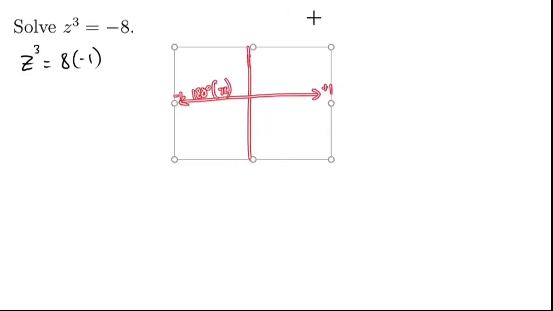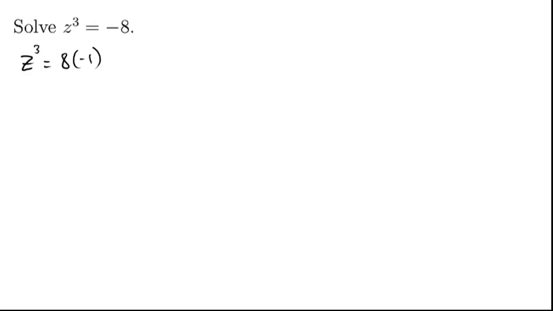So we're going to write it in polar form in this way. Cos pi plus i sine pi is equal to negative 1. Now remember, sine pi is 0 and cos pi is negative 1. So this whole thing can just replace that negative 1.